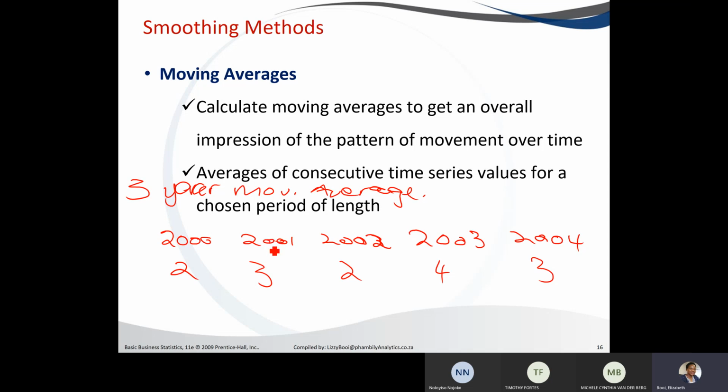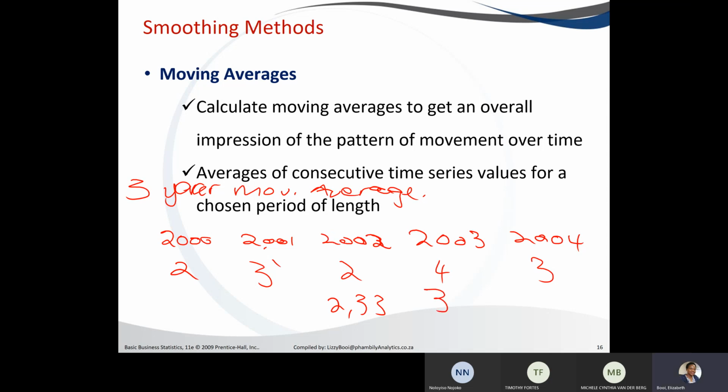And that gives us 2.33. Then we go to 2003. We start from 2001, which is 3 plus 2 plus 4. And it is 9 and divide by 3, and this will be 3.